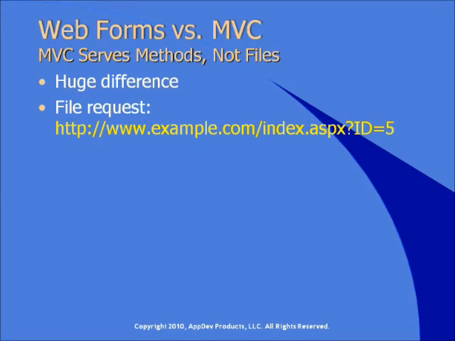You have the HTTP protocol, www.example.com, the domain, whatever the domain is, and then some specific file that you maybe pass in some query string parameters like ID equals 5. But it's file-based. It's requesting the index.aspx file. And ASP.NET will process that file, dynamically generate HTML that it then sends down to the client browser.